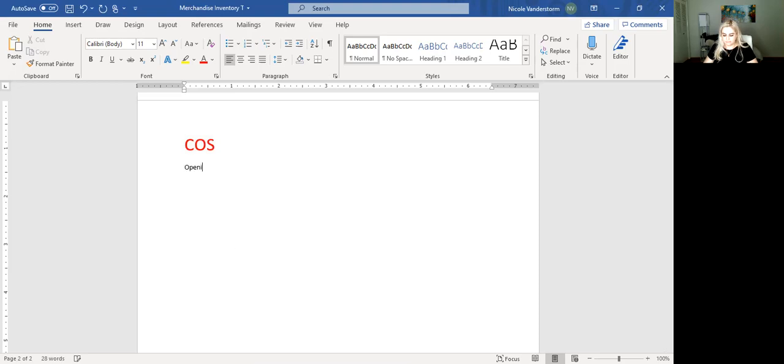Opening stock plus purchases plus freight in minus discount or return allowance, less closing stock, so minus closing stock, is going to give you your cost of sales.